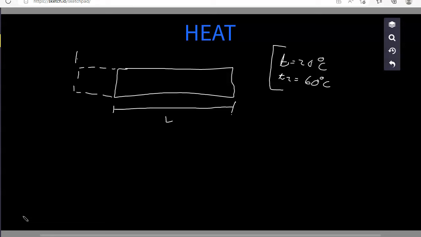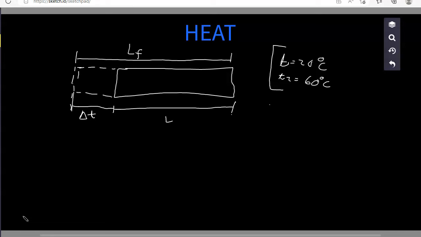The length of the material now will be from here, let me write it like this, to here, and this is the final length. This portion is the change in length, the length that was added due to the temperature difference.